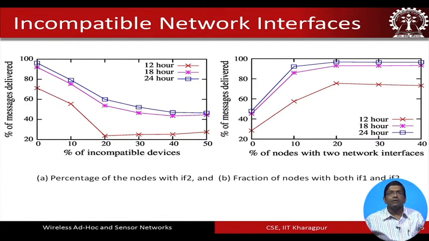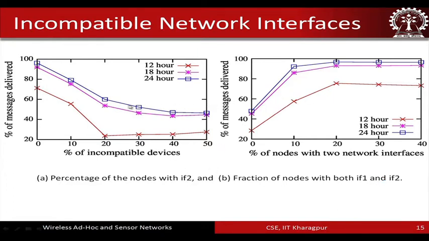Just in a nutshell, this is in the corresponding paper, which is listed at the end of the slides. If we look carefully at the percentage of messages delivered, when one uses the protocol translator along with the regular scheme, the percentage of messages delivered increases.